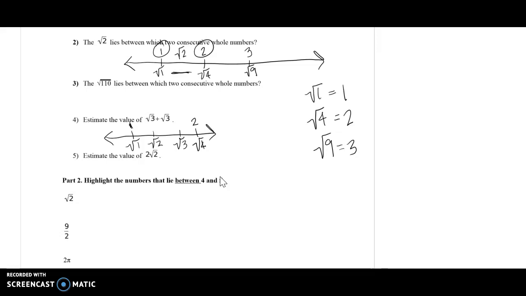So if I could split this up into equal parts, this might be 1.3 and this might be 1.6, because it's split into thirds there. So the estimate is approximately 1.3 plus 1.6, which is about 2.9. This is asking you to estimate the value of 2 times the square root of 2.